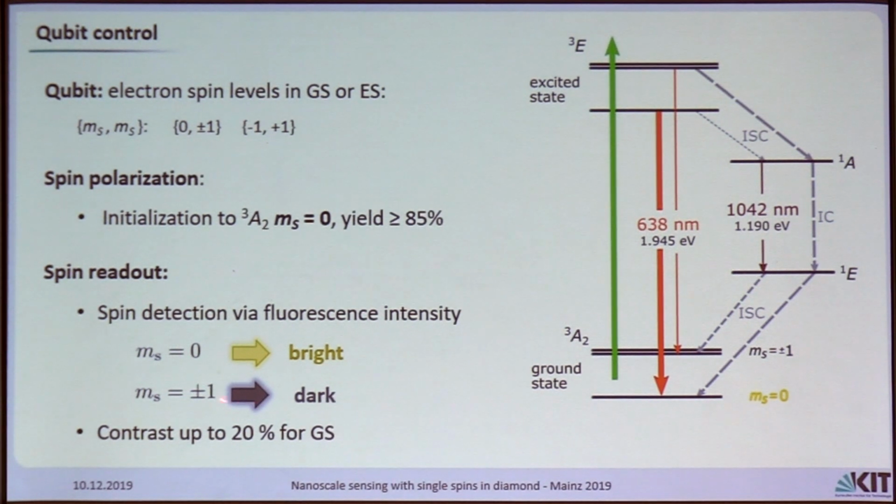And in case of plus minus 1, due to this intersystem crossing, which is non-radiative, we have a dark state. So just by counting the photons, we see that we count fewer photons here compared to the bright state here. And the contrast ratio can go up to 20%, or a little more realistic would be 10 to 15%.